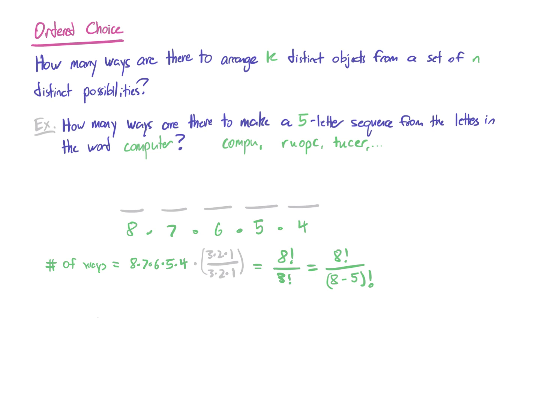So more generally, what's the principle we've kind of derived here for the k-permutation formula? So we often call this kind of task where I want to select k objects from a set of n distinct possibilities the k-permutation task, and so the k-permutation formula tells me how many ways I can do it.